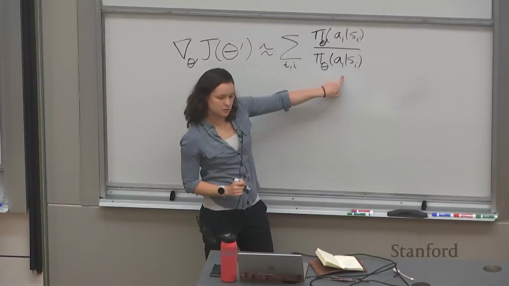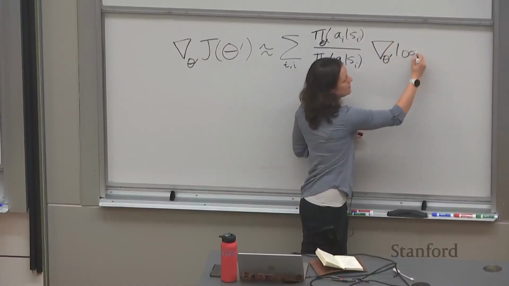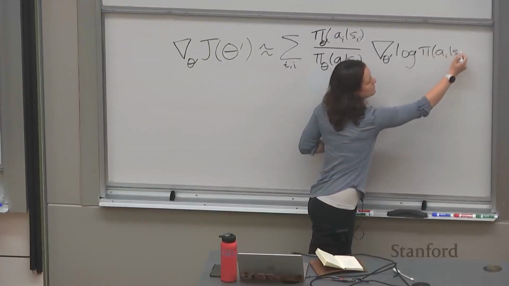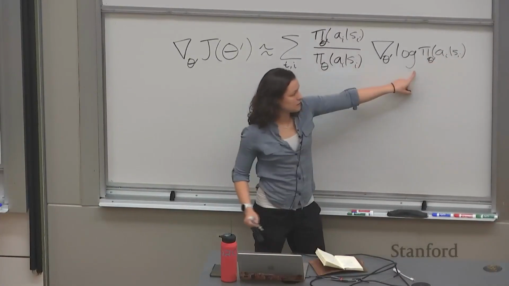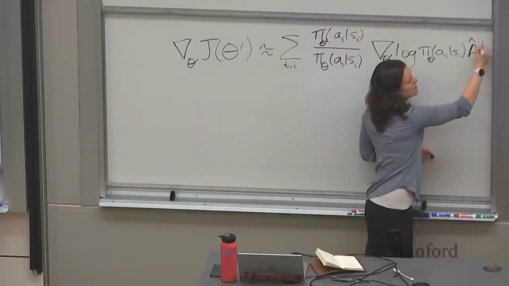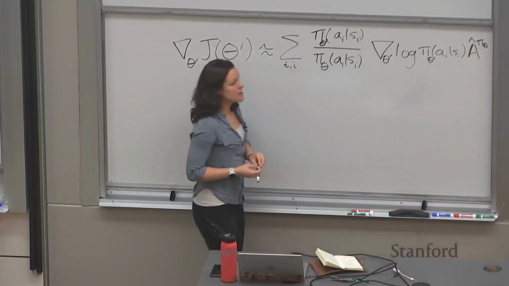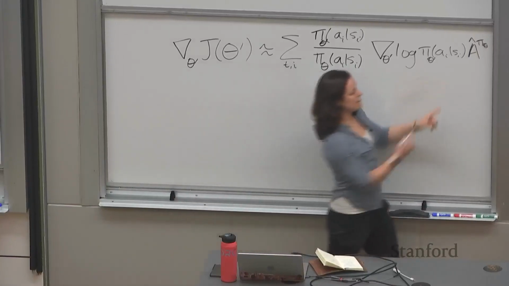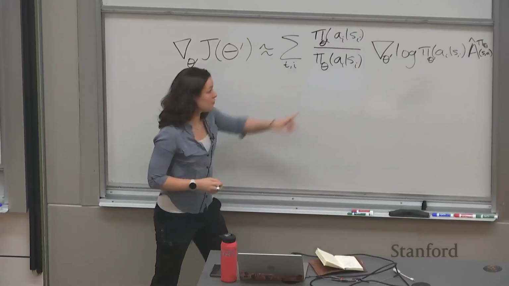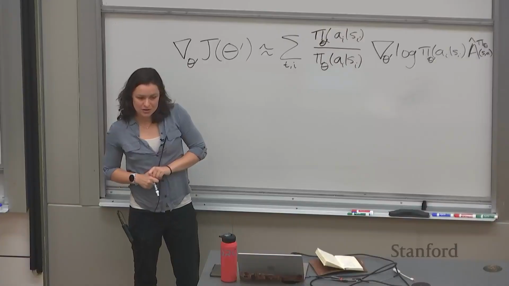So this is our importance weight term right here, and the rest will look the same as before, where we'll be evaluating the gradient of log pi times our advantage estimate. This advantage estimate will still be for the policy before taking a gradient step, pi theta, and this will be for a given S and A pair. Okay, so this is our new gradient.